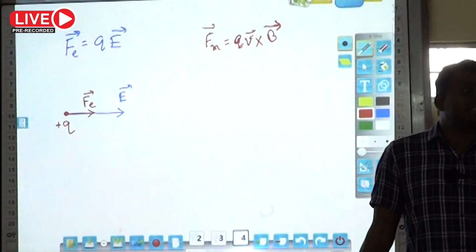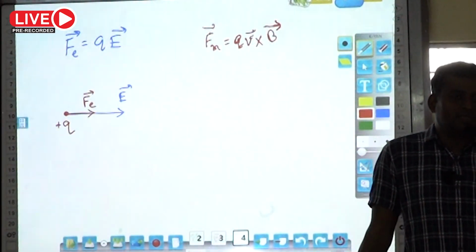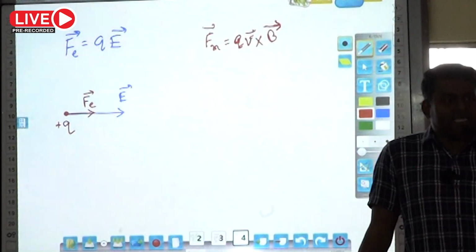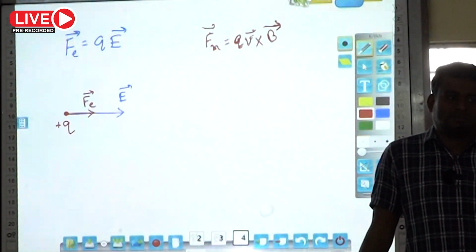Lines representing B are not the lines representing the force.